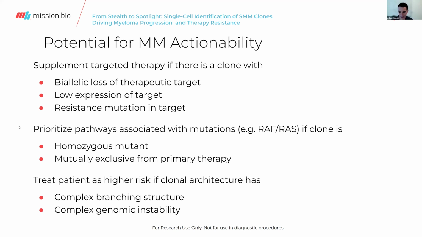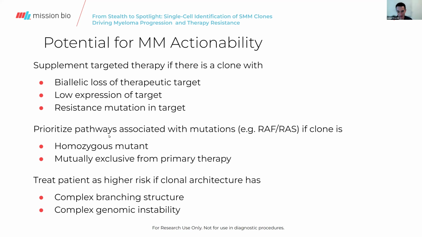Alternatively, if you have a mutation, you might want to target new pathways, such as BRAF, if that clone is a homozygous mutant, because that clone is going to be both more pathogenic and also maybe more responsive to therapy.